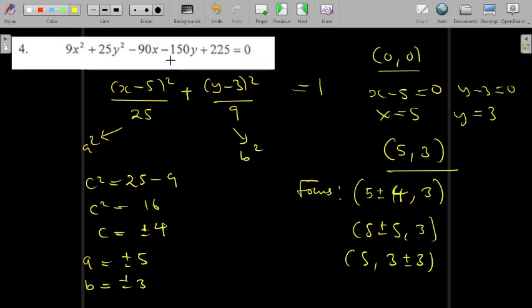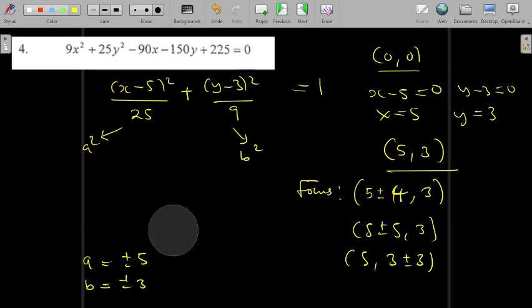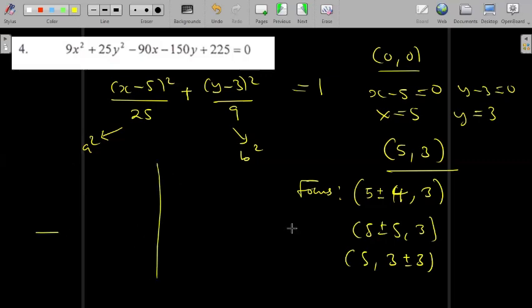So you can then sketch this. Locate your center: 5 in the x, and 3 in the y, you go up a bit, so that will be our center.